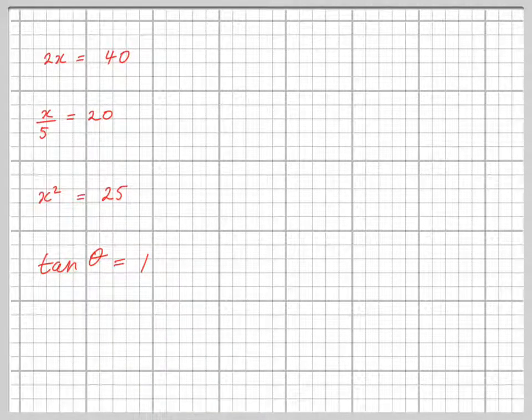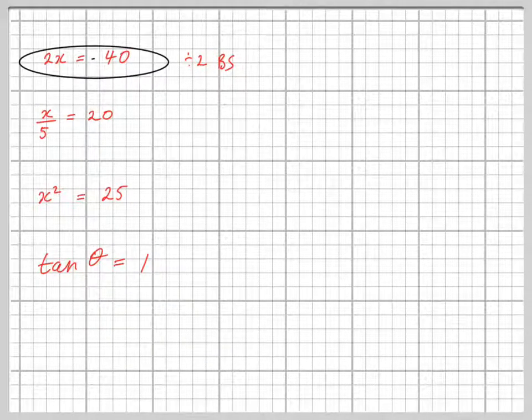So you probably can see that when we're doing an equation like this, to remove and get x by itself, we would divide by 2 on both sides. If we were to do this one here, we would multiply by 5 on both sides to get rid of this.